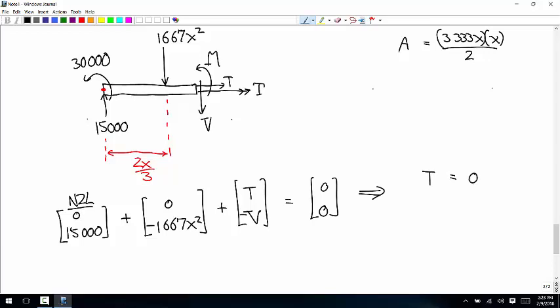So t is equal to 0. V is equal to −1667x² + 15,000.